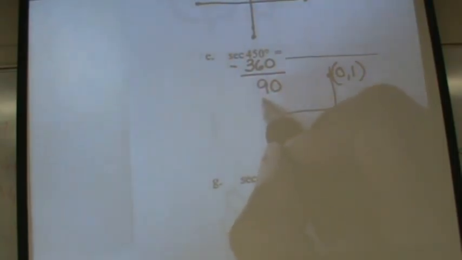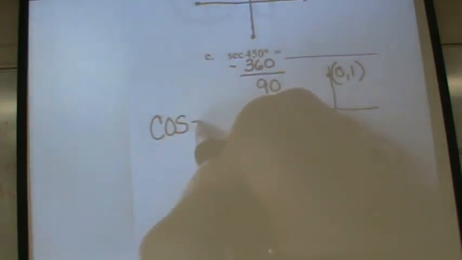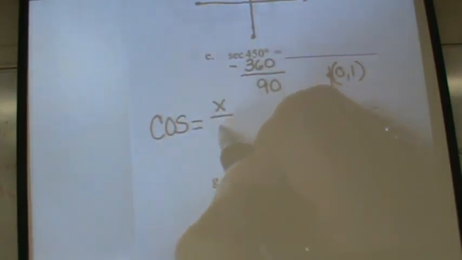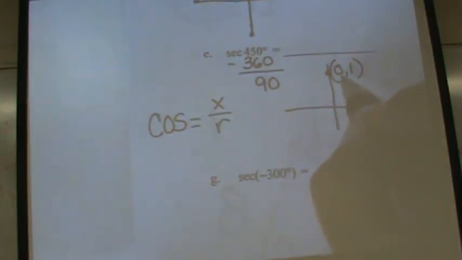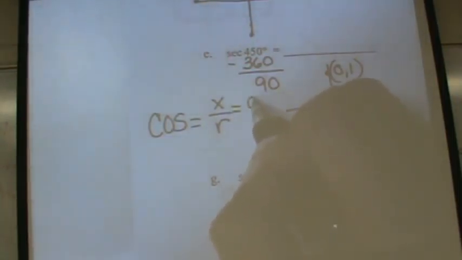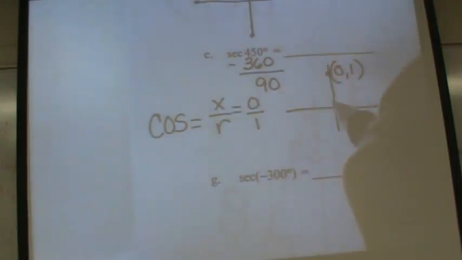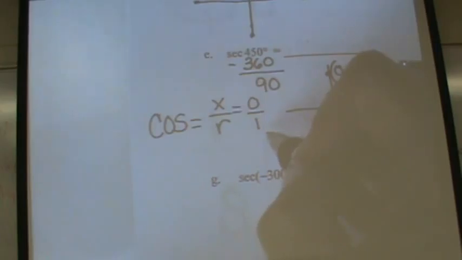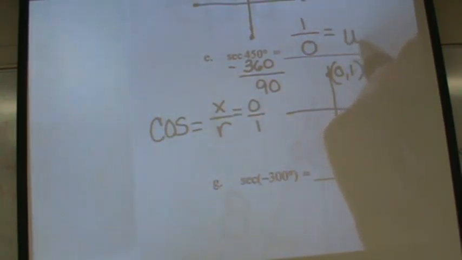Now, secant is the reciprocal of cosine, right? Cosine is x over r. What's the x value? It's 0, so cosine is 0 over 1, which is just 0. Why did you flip it?